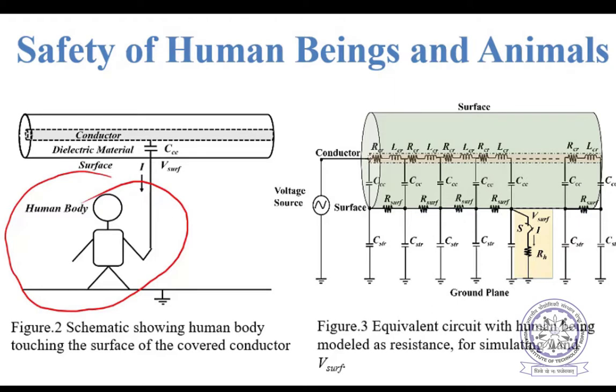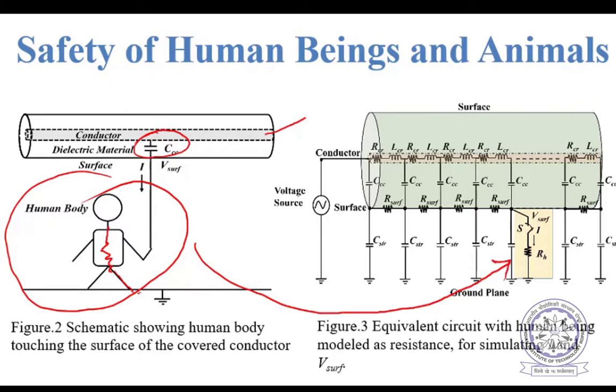Typically 1000 ohms is the lowest impedance that can be assumed, and the maximum can be 10,000 ohms also. Here this is the conductor, and then there is the insulated conductor capacitance, and then the human being is touching and has a certain resistance in his body, and then ground. This is incorporated in this circuit using this equivalent.